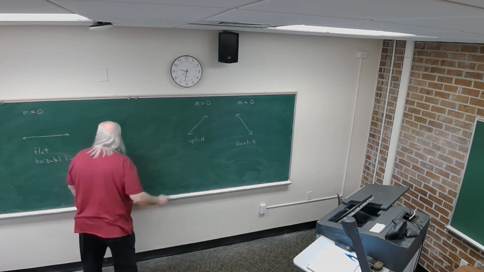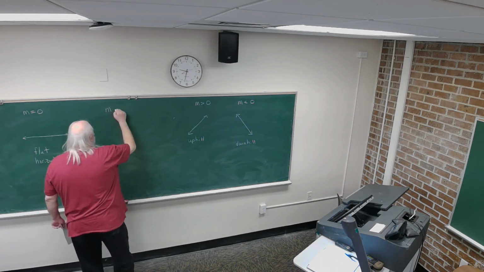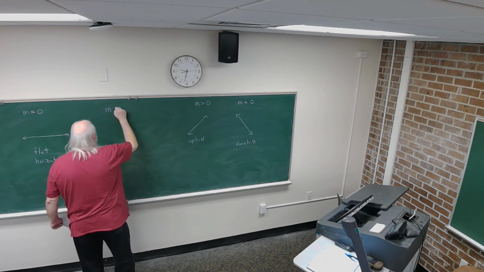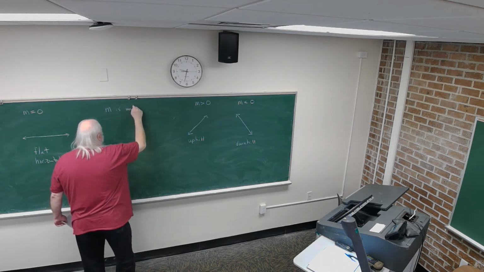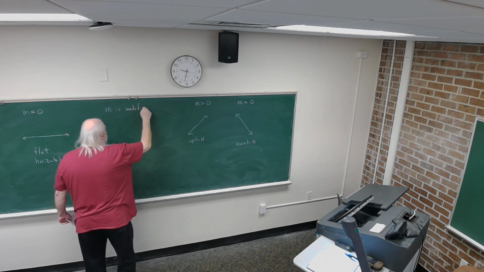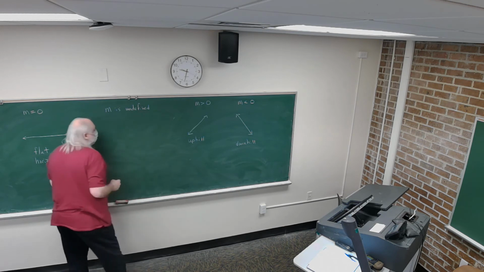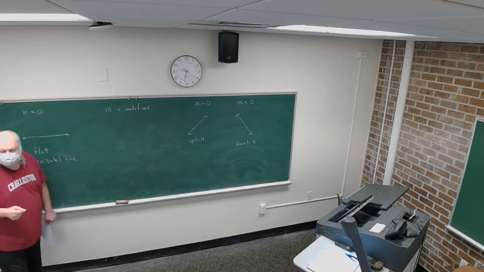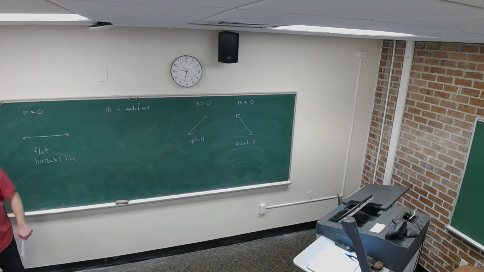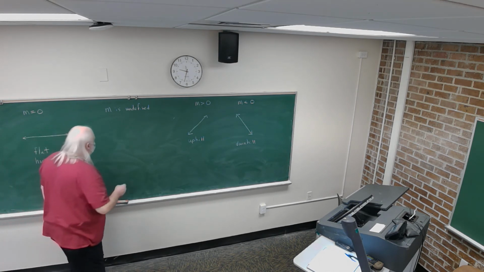And lastly, there's a line where the slope is undefined. Slope doesn't exist. What kind of a line has an undefined slope? The vertical line, straight up and down.